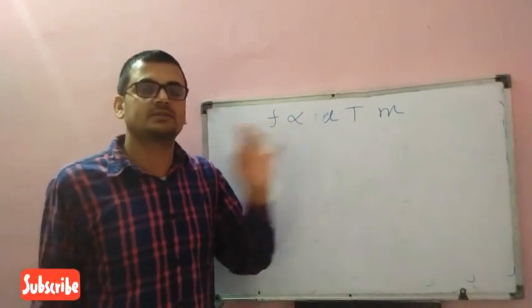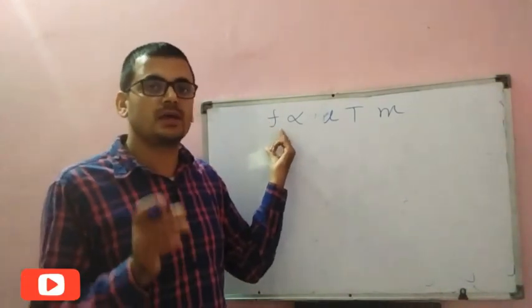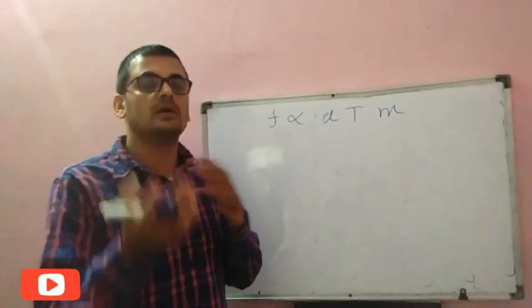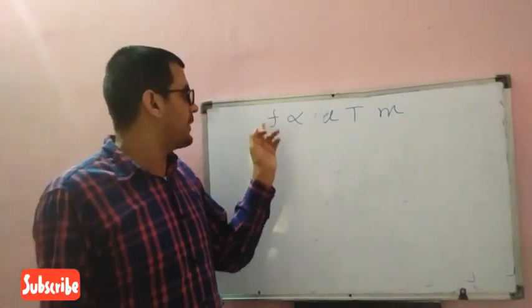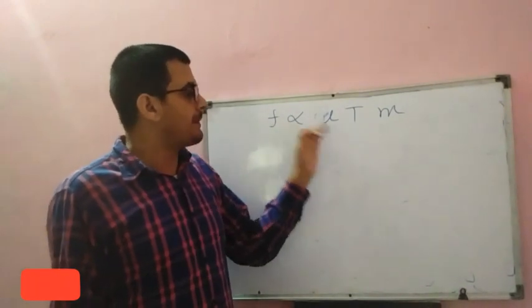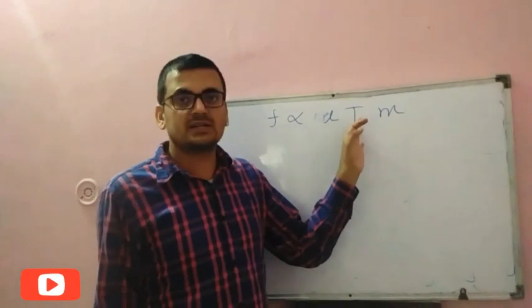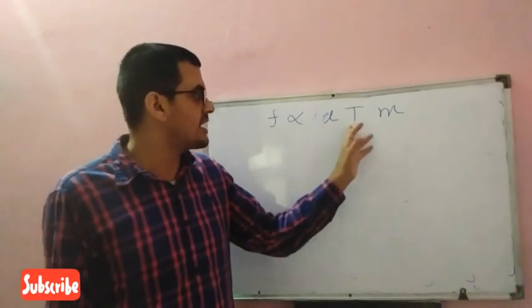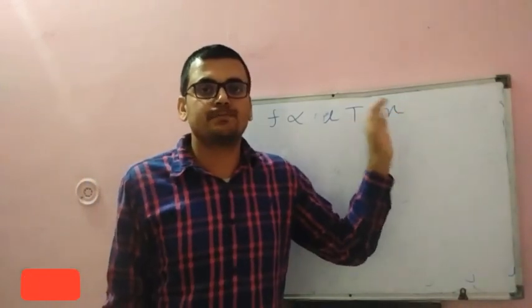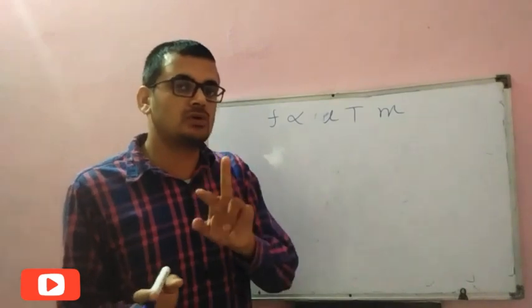I am repeating the question. The question is saying that the frequency of any string depends on the length of the string, tension on the string, and mass per unit length of the string. This T stands for tension, not time. Here you have to note two things.